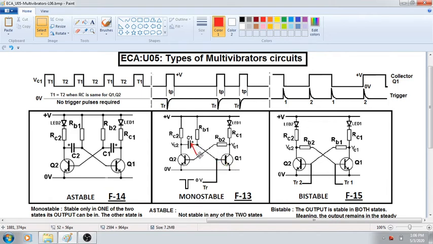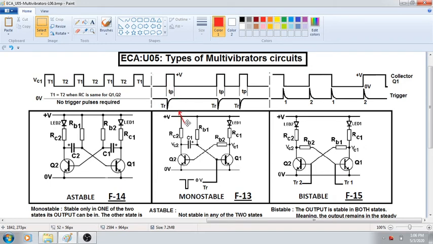So the time taken for this capacitor C1 to charge from VB at minus V to 0.7 is the time during which Q1 will remain in the high position. That is the important point here. So this capacitor and this resistor will decide the time for which Q1 is high.